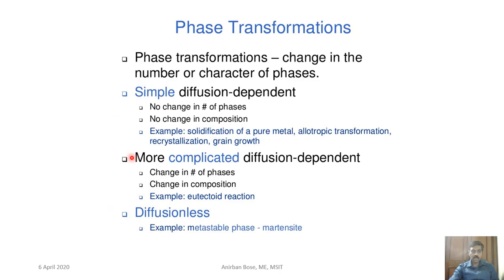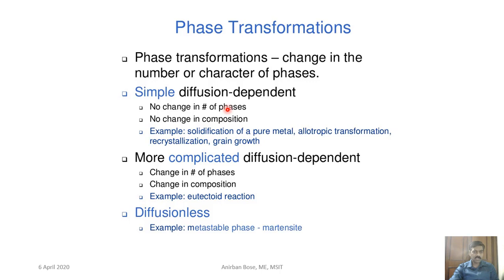So now in the phase transformation there can be different kinds of phase transformations. Okay, some of the phase transformations are very simple diffusion dependent phase transformation that we can see in case of pure metals, where there is no change of number of phases. If you consider a pure iron, then you see the phase changes occur at very sharp points and there is no change of phases.